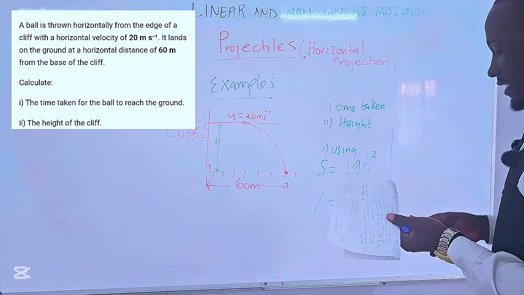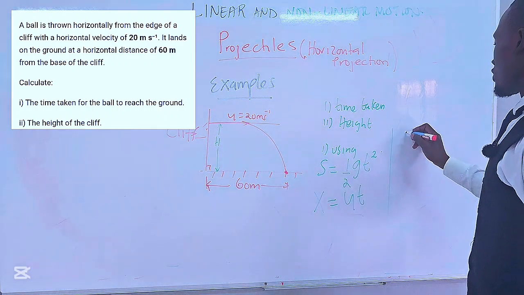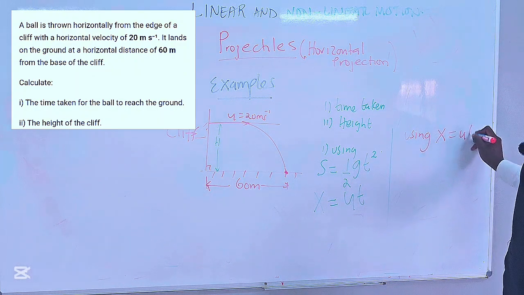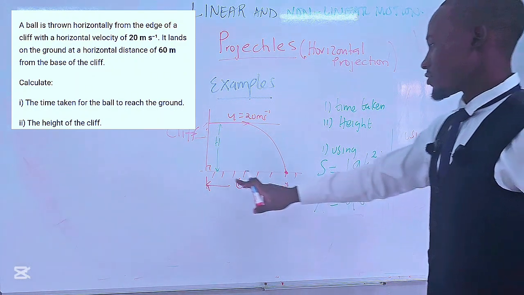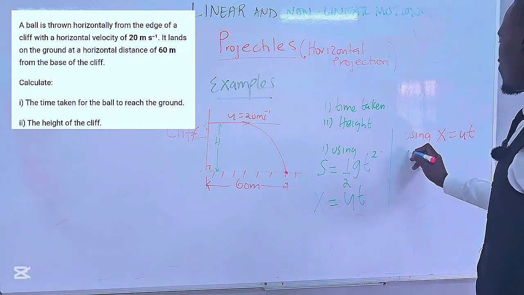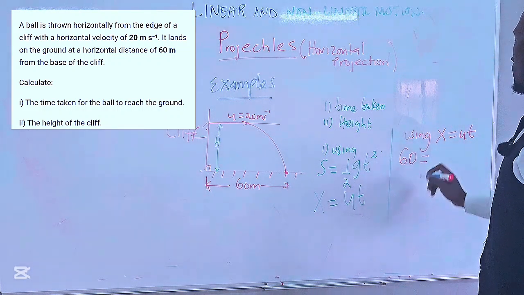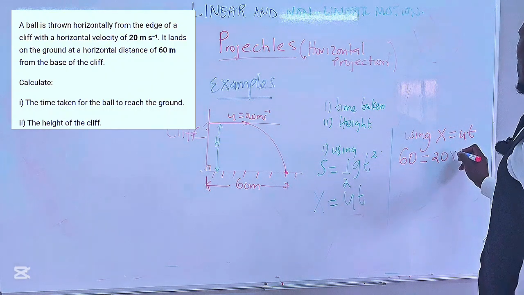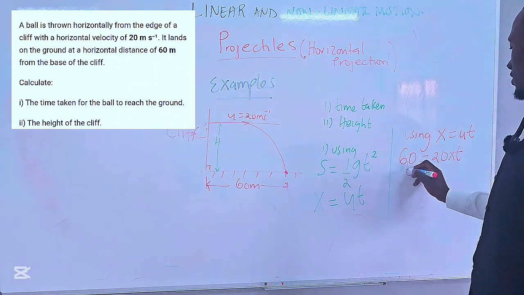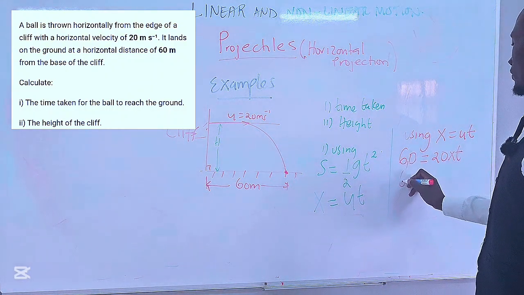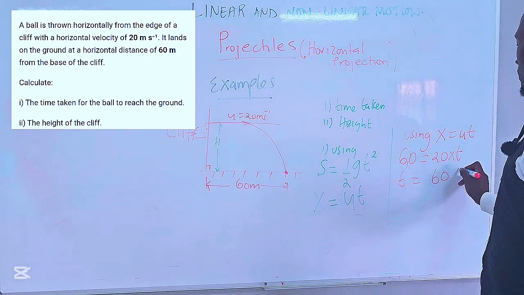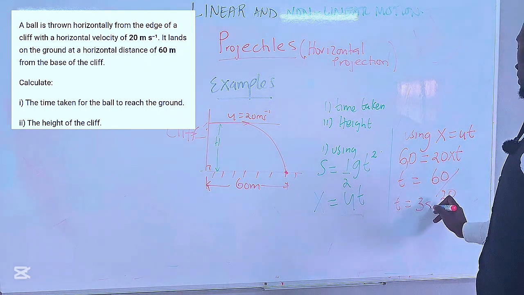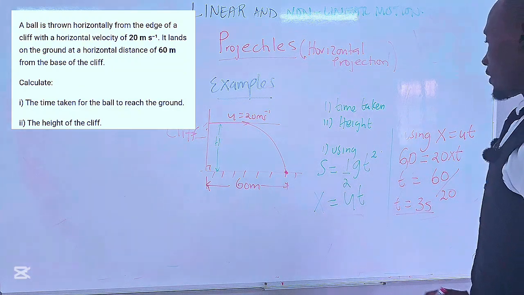So if I need the time taken, I'm going to be using x = ut, where x is the horizontal distance covered and the initial velocity is 20 times time. So I'm having my time as 60 over 20, and you have your time as 3 seconds.